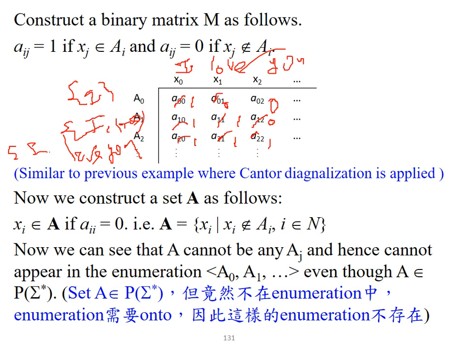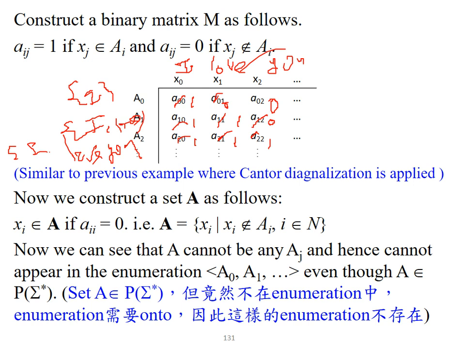If aii is 0, that means the string is not in this subset. If it is not in this subset, then we include this element in the set A. If it is 1, then we exclude this element, because this element is already in the set Ai. So in this fashion, you can construct a new subset A.